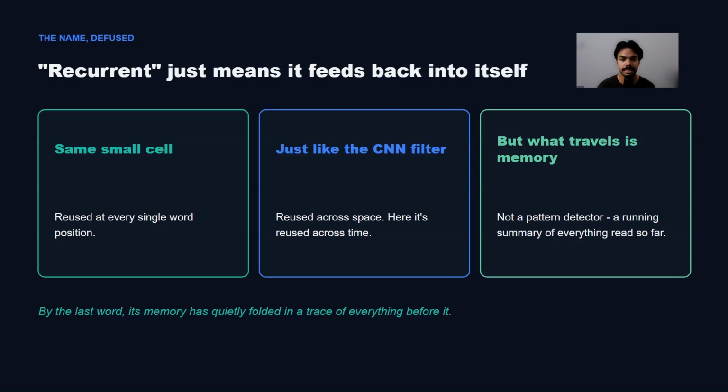Except this time, what's being reused is a memory, carried forward through time instead of a pattern detector swept through space. By the time the network reaches the final word, its memory has quietly folded in a trace of everything that came before it. That's how it knows not showed up earlier when it finally reads bad and can tell you that's a compliment, not an insult. So let's watch this in play in an actual example.